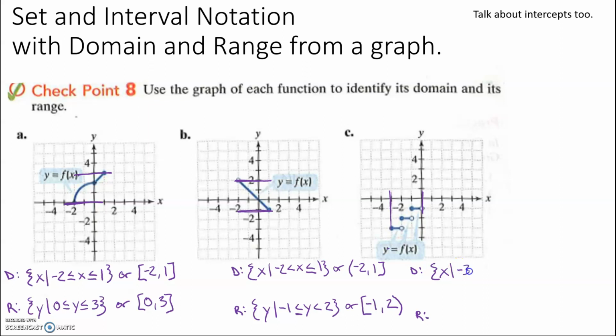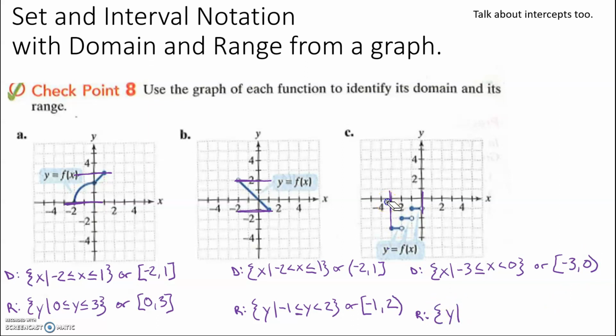So we're at -3 up to 0. Can I equal -3? Yes. Can I equal 0? No. So again, you can write that as [-3, 0). Yes and no.